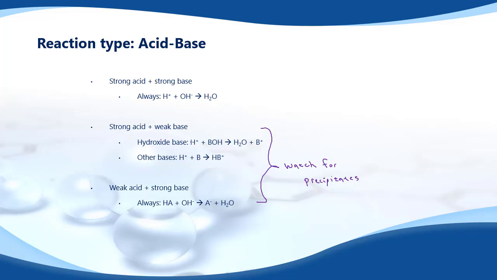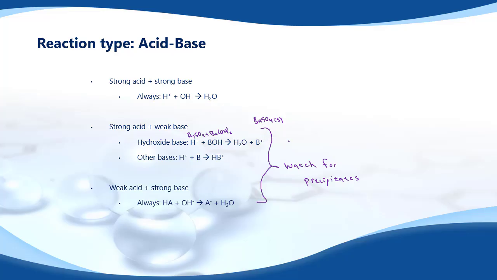If your acid right here, let's say this was H2SO4, and our base is barium hydroxide, the substance here would actually wind up being barium sulfate. Barium sulfate is a solid, it doesn't dissolve. So in this case, it would form a precipitate. Watch out for that. That's something that we'll see from time to time with an acid-base reaction, is you will actually form a precipitate with it. If that's the case, you have to make sure you get the precipitate as part of your net ionic equation.